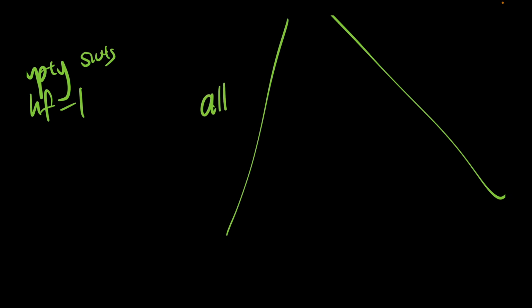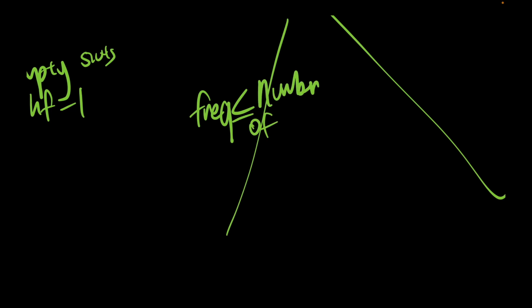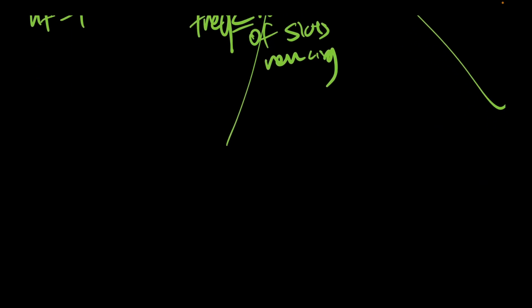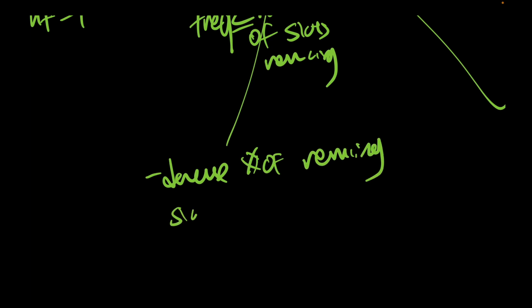The first is where the frequency is less than or equal to the number of slots remaining. So in that case, we only decrease the number of remaining slots by the frequency.